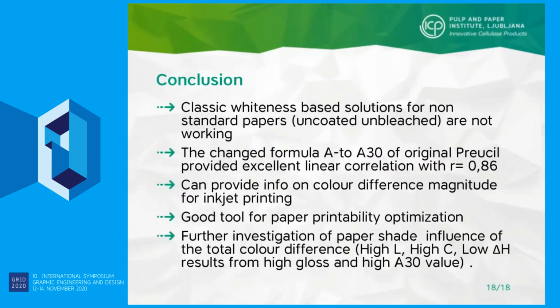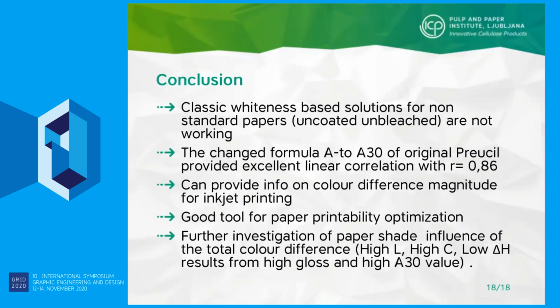So as a conclusion, I will say that classic whiteness-based solutions for non-standard papers like our papers, which are uncoated and unbleached, are not working. So we had to find a different way. As I explained, we changed the original Preucil formula ink absorption value to the A30 value, and this provided excellent linear correlation.